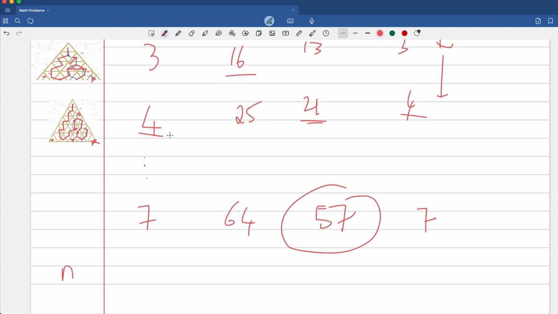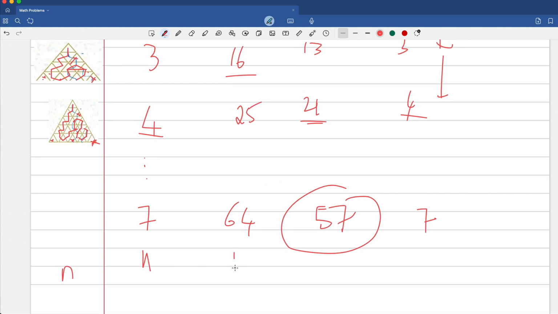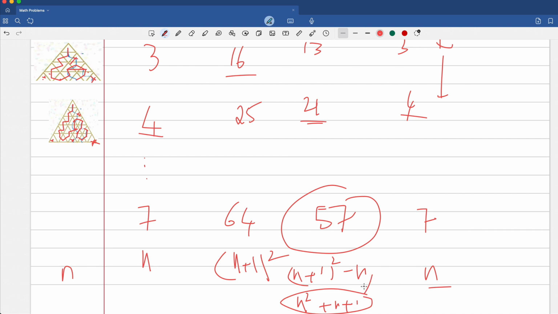If there are n levels, n plus 1 squared would be the number of triangles, n would be the number of leftovers, so n plus 1 whole squared minus n, which is n squared plus 2n plus 1 minus n, is n squared plus n plus 1. This would be the most generic answer depending on the level.